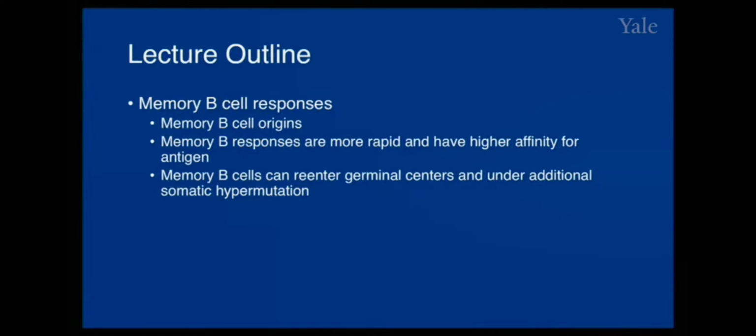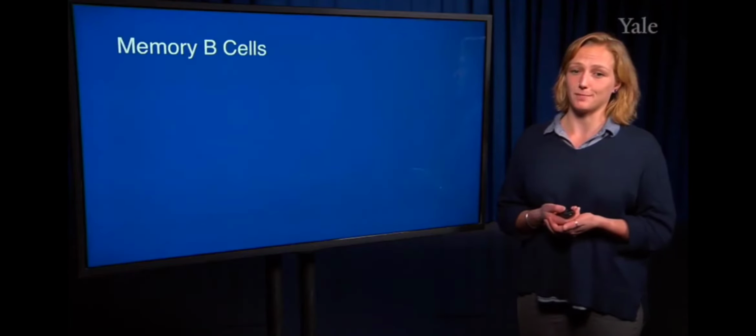We're going to go through some examples of how memory B cells' responses are more rapid and have higher affinity for antigens relative to naive B cells. And we'll also talk about how memory B cells can actually re-enter germinal centers and gain affinity through additional rounds of somatic hypermutation. But let's start at the start and figure out where memory B cells come from.